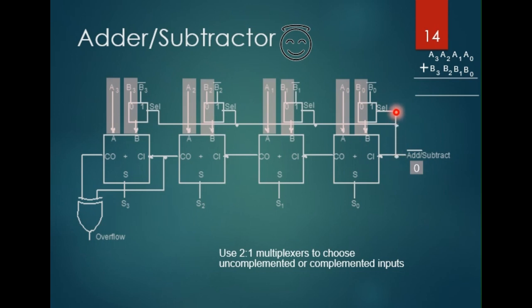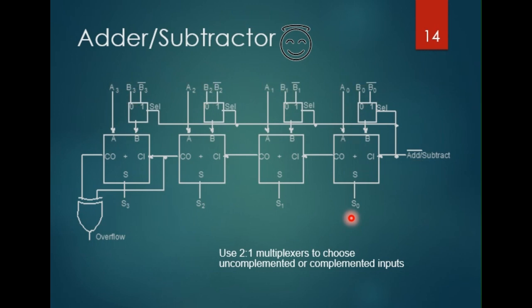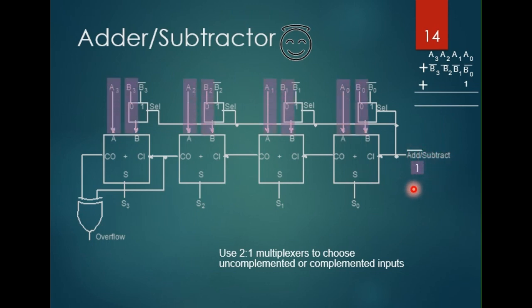At the same time, because the carry-in also plays the role of the select signal for the multiplexer, the original B will pass through the multiplexer to the full adder, so it will just perform the addition. Whereas when it is switched to subtraction, the carry-in of the LSB will be set to 1, which is important for the +1 at the LSB stage, and this also instructs the multiplexer to select all the inverted B to the full adder so that it can do the plus B bar. So we saw the whole process for how we realize the subtraction.